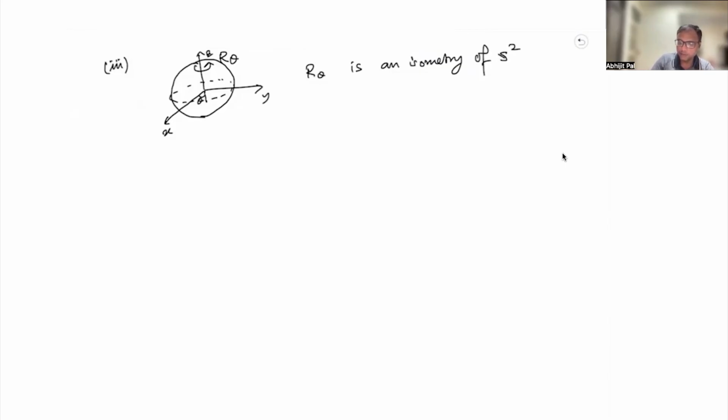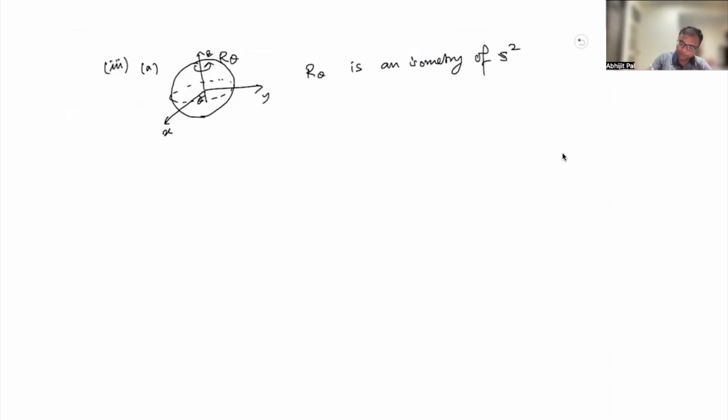R theta is in fact an isometry of R3, and if I restrict that isometry to S2, it preserves S2. Therefore R theta is an isometry of S2.